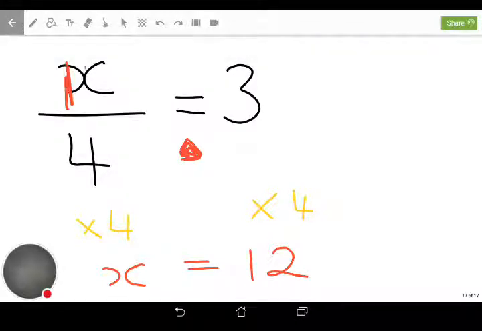So we've got 12 divided by 4 is 3, and that is correct, and you can check that on your calculators as well. Now just to really summarise what we've just done. So it's inverse operations. The opposite of addition is subtraction, and the opposite of multiplication is division, and vice versa.